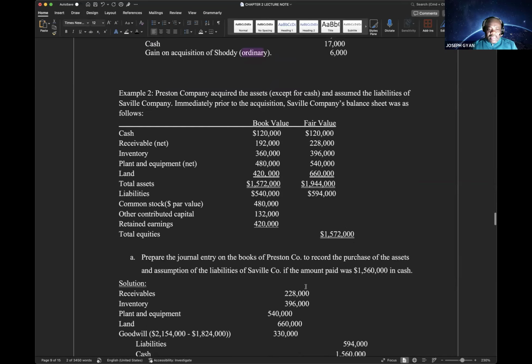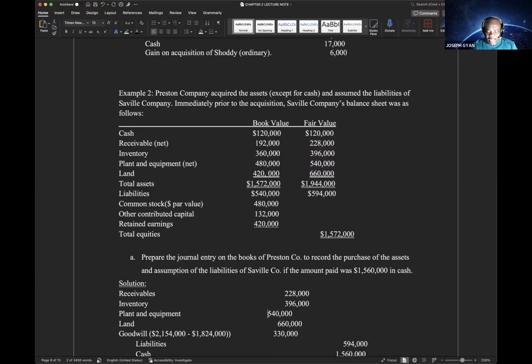If you look at another example here, prepare the journal entry on the books. Here, cash will be what? Debit? You are not, it said except cash. We are not buying their cash. So accounts receivable will be debit. Inventory will be debit. Plant will be debit here. Land will be debit here.